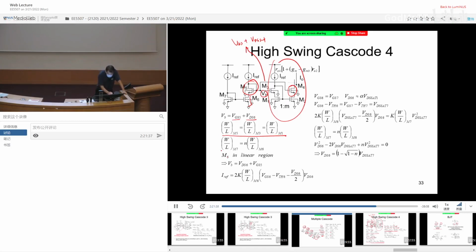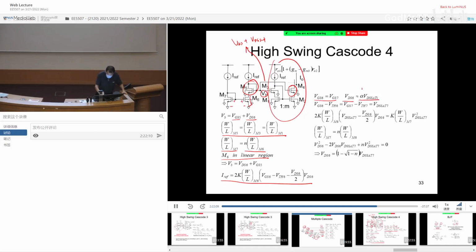Now here we set M7 equal to M6 with a factor of n, not ratio, a factor of n. M6 is biased in the linear region, so you can actually write down the linear region equation for M6. VGS6 and VGS7 are identical because they are shorted together. Now VDS6, you set it to be around some alpha factor of VDS1.